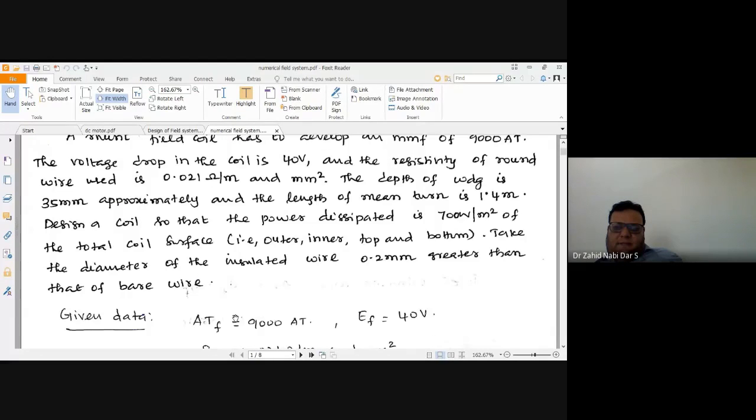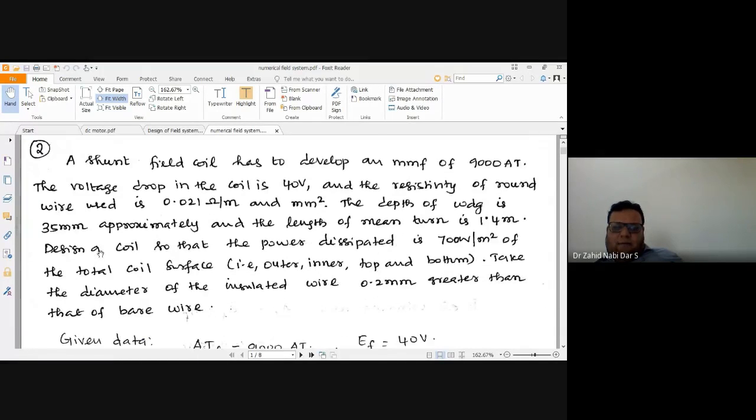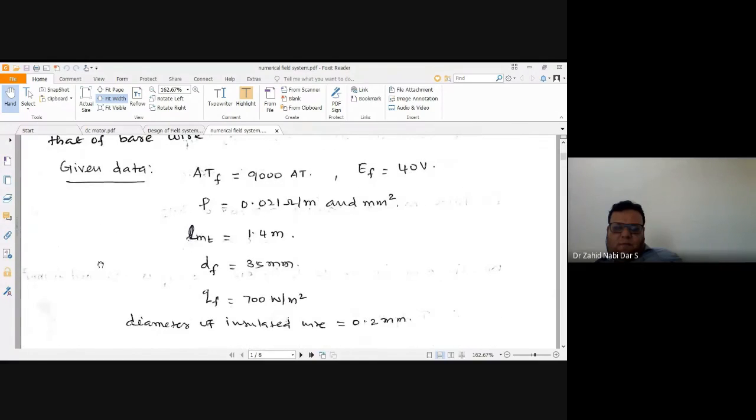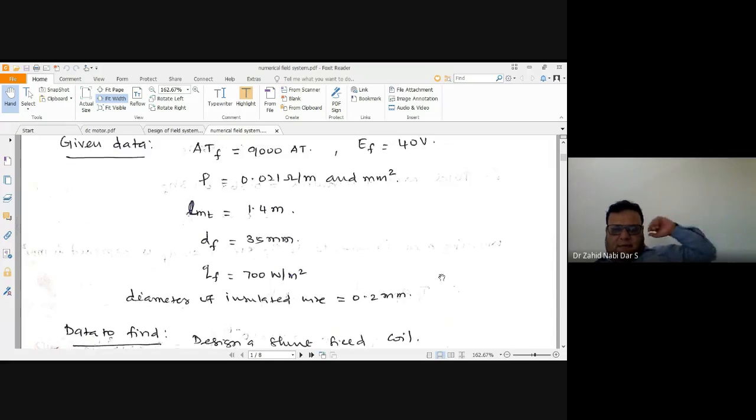DF is the depth of the winding, 35 mm, so the height of the winding is given. QF is the loss, 700 watts per meter square. Now the diameter of the insulated wire is 0.2 mm greater. This is the given data.